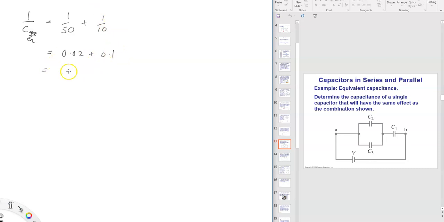Add them together. 0.12. This is 1 over CEQ. So 0.12. And then CEQ is 1 over 0.12. So 1 over 0.12, 8.33 gives you the same answer.